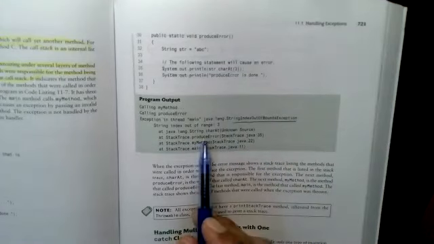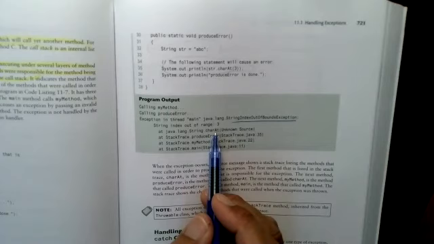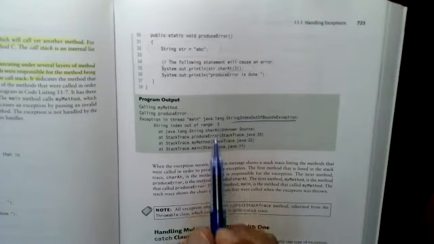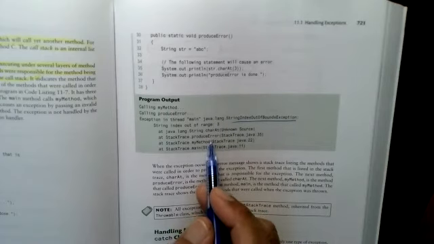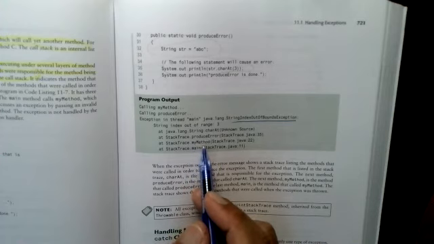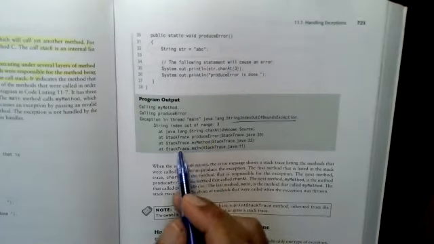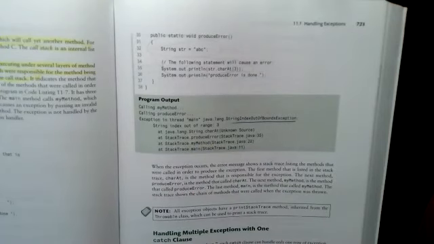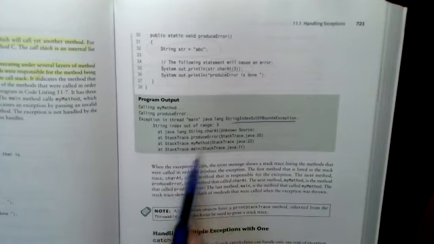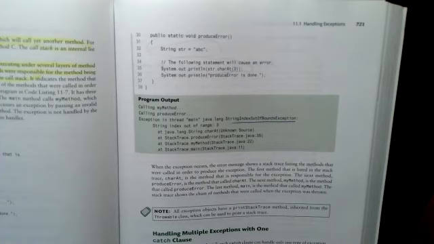But if you take a look, it happened at the char at, and we'll look at what's highlighted. It was in the method produce error, which was called by the method my method, which was called in the main. So you start to look at this error message, and all of a sudden you may be saying, well, that error message sure makes sense. Never really looked at it before. But this is a possible error message you could get. Not unrealistic, but that's what we would have.